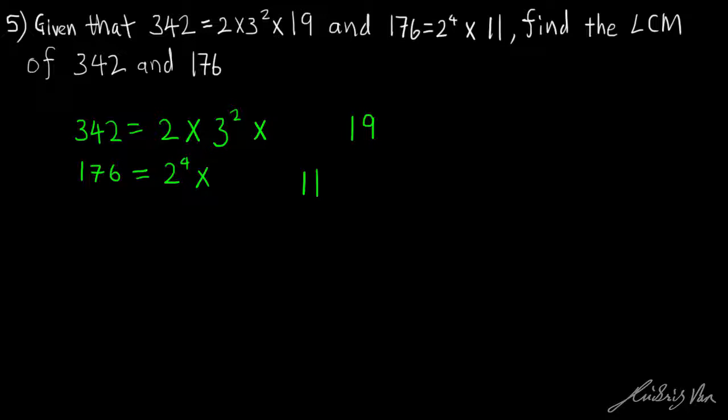So the blank, right, is actually a representation of some numbers with power 0. So for 342, there's an invisible 11 to the power of 0, and for 176, there are actually 3 to the power of 0 and 19 to the power of 0.